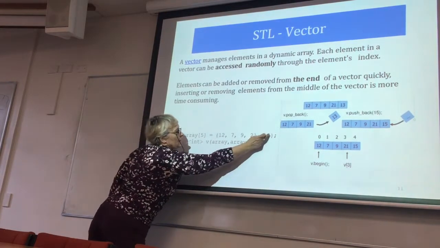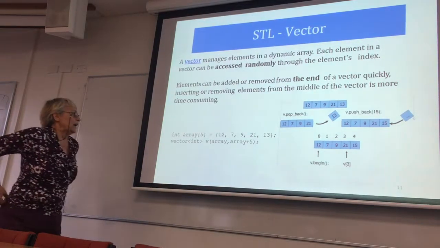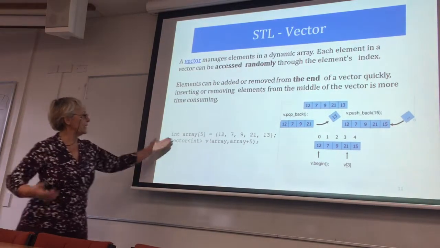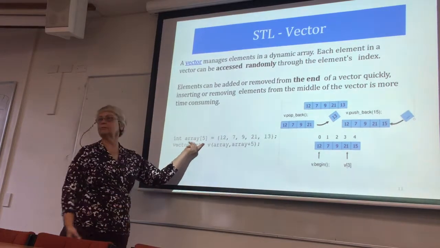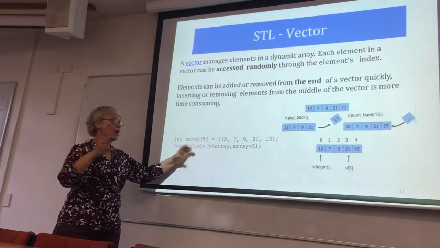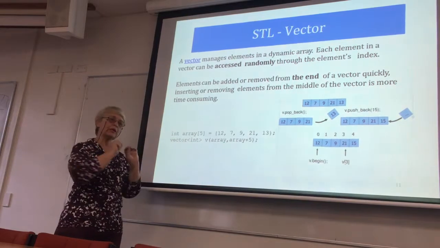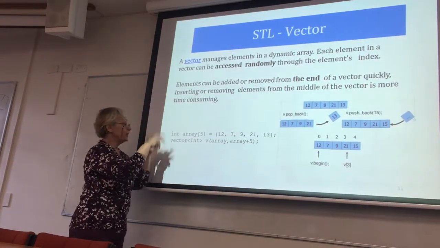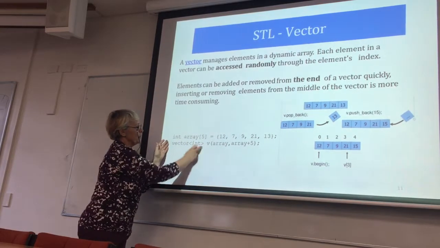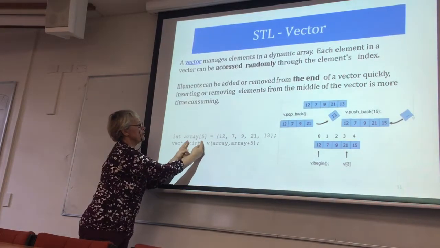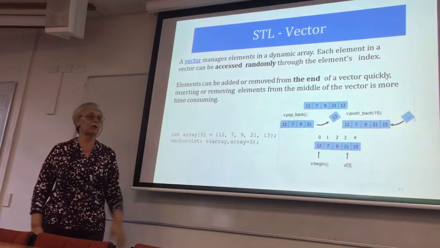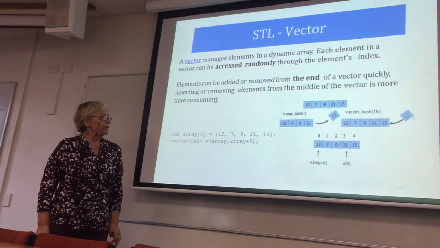Array plus 5 refers to this. And it copies everything. Now, because vector is implemented with a template, remember, whenever you use vector, you have to include the vector header, include vector, and then for every variable you declare, you make sure that you specify the type. This is a must for all containers.